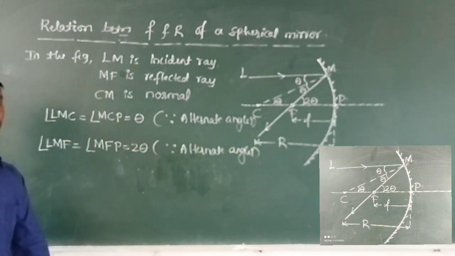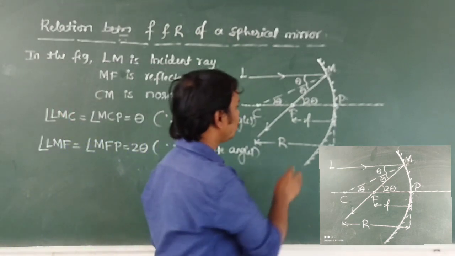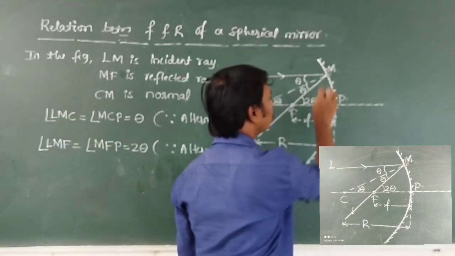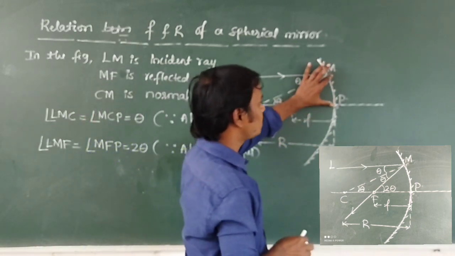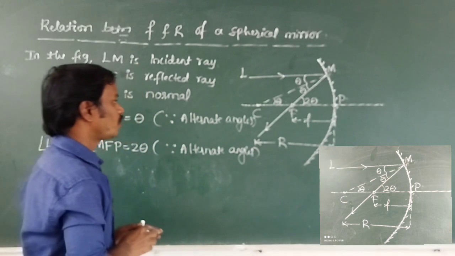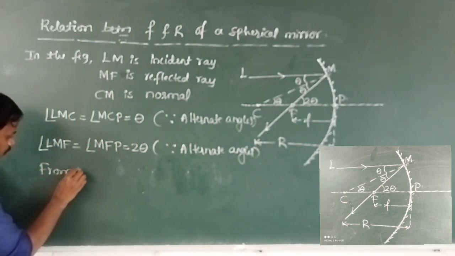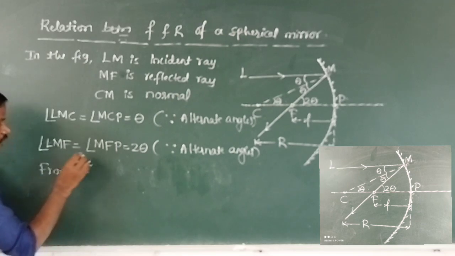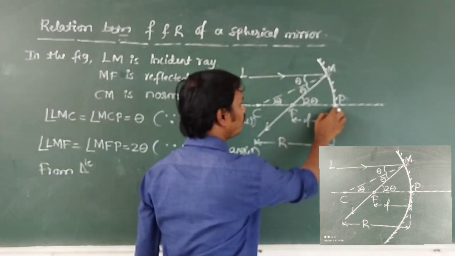Now, in which right angle triangle is there the focal length? In the right angle triangle FPM, let us assume PM is straight. In order to find the focal length, which right angle triangle do we have to take here? That is FPM.